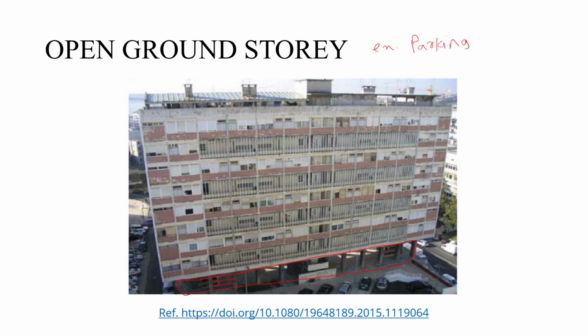These are called open ground stories. Generally we keep the ground story open so that we can park our vehicles here. In order to study why these structures fail during an earthquake, we need to understand 3 to 4 points.